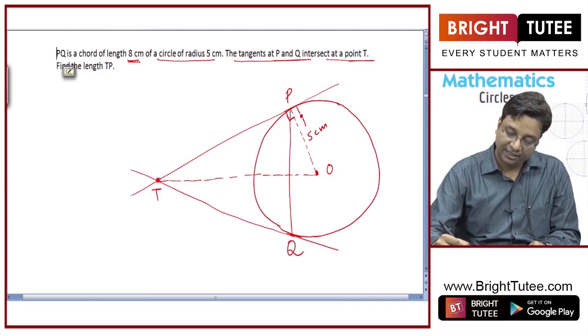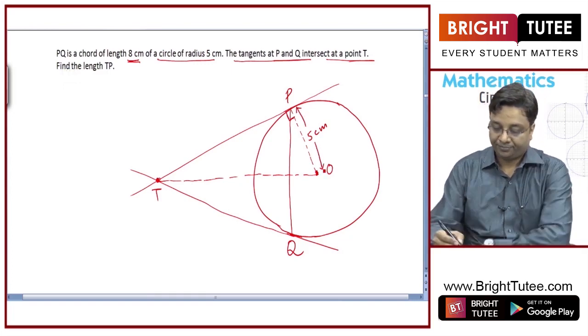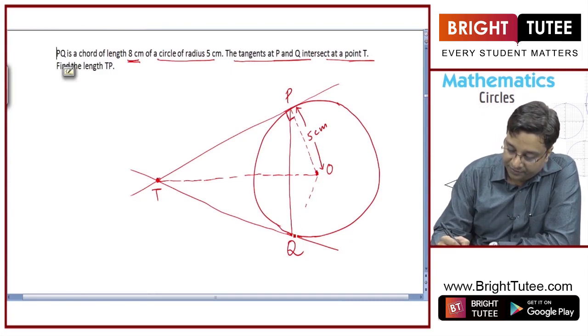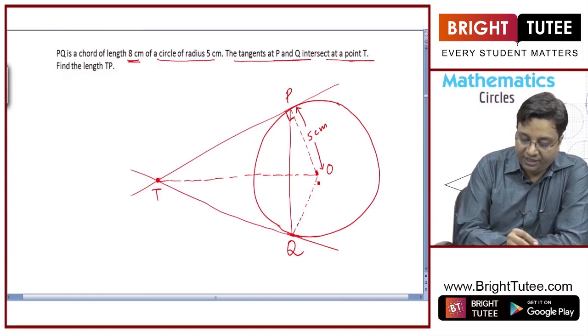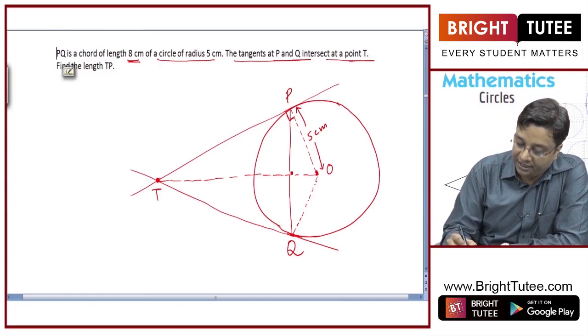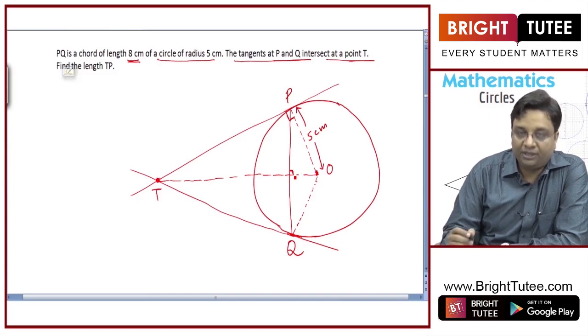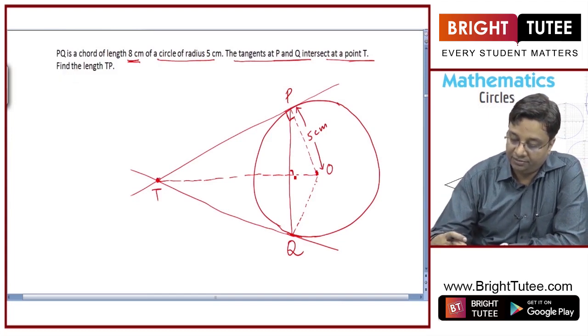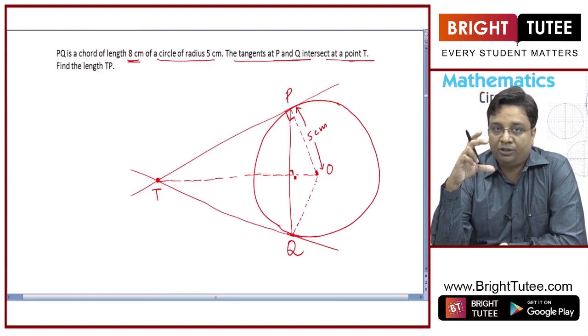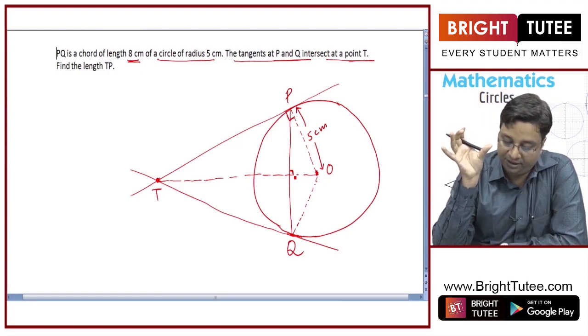Because this is the radius of the circle. Okay, so if you draw this here, then we can say that this angle here is 90 degrees. Why? Because we already know that this is an angle between the line joining the points of contact and the segment that joins the external point with the center.